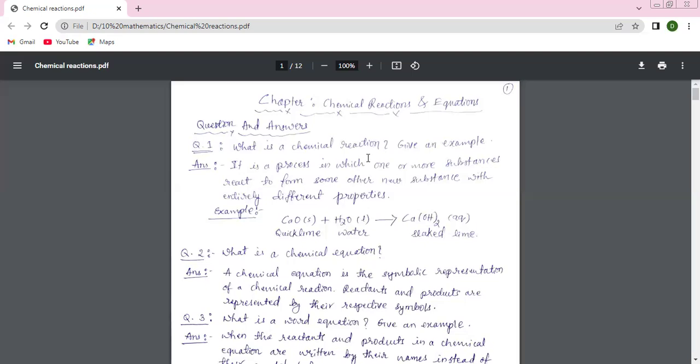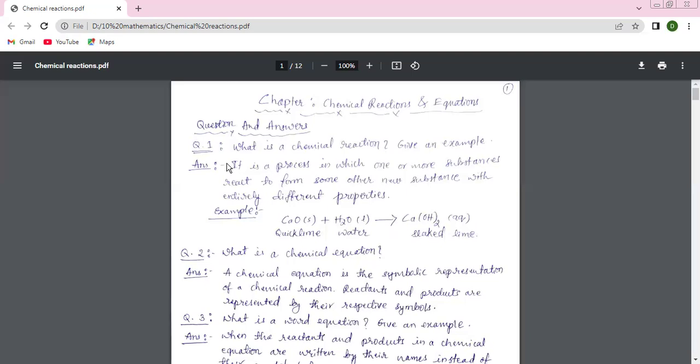Here this chapter is presented in the form of question and answers so that the students can write an accurate answer in the examination. It is not in the form of notes, it is in the form of question and answers.